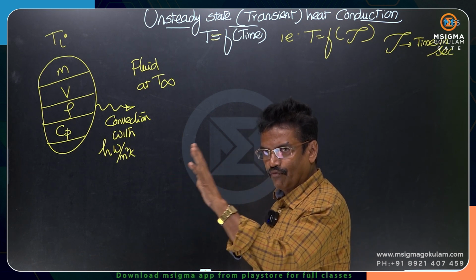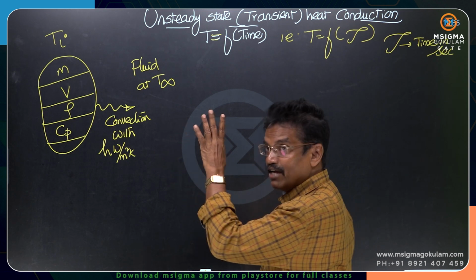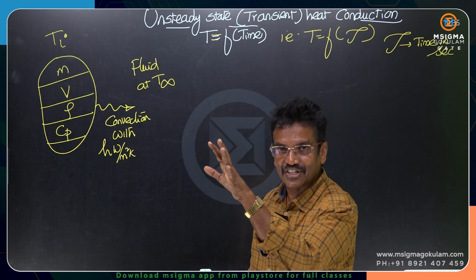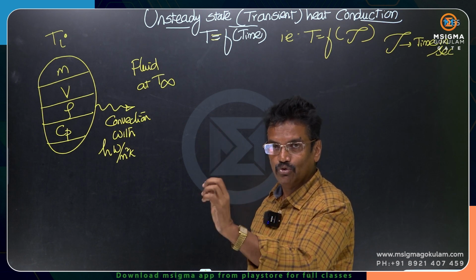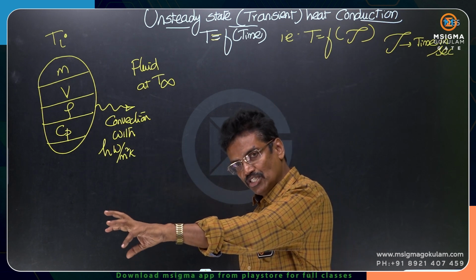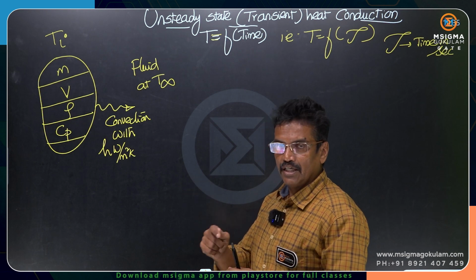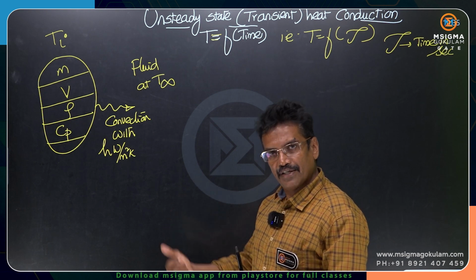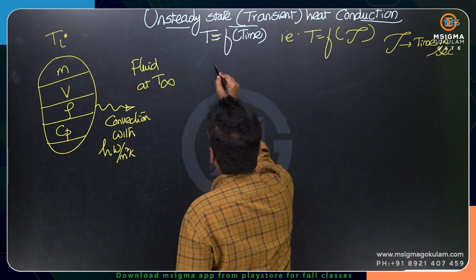The body is first heated inside the furnace to the temperature Ti. Initial means at that instant of time tau is equal to 0 seconds, that is, when the body is just taken out of the furnace. From that instant onwards, I keep on measuring the time. Okay, so I am just writing that.